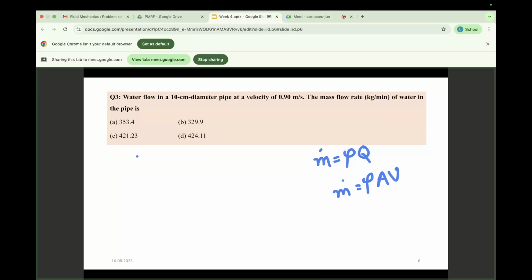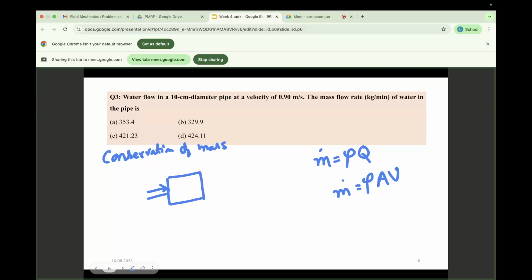Let me recap this concept for you, Sachin. This is the conservation of mass. It is a domain, and a domain means a fluid body.